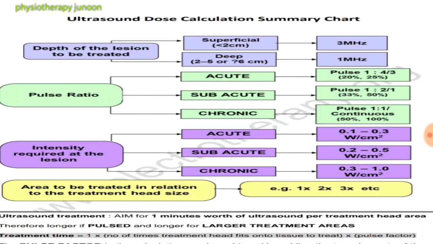According to that, we use the ultrasound head of 3 megahertz or 1 megahertz, and the pulse ratio, which is divided into acute, subacute, and chronic. In the acute phase, the pulse ratio is 1:4, in the subacute phase the pulse ratio is 1:2 to 1:1, and in the chronic phase the pulse ratio is 1:1, and then the intensity for acute, subacute, chronic.